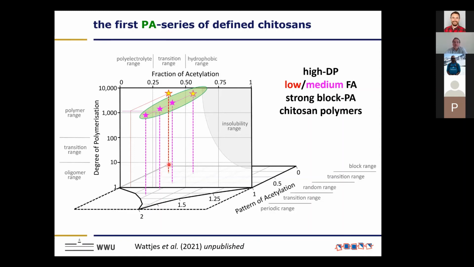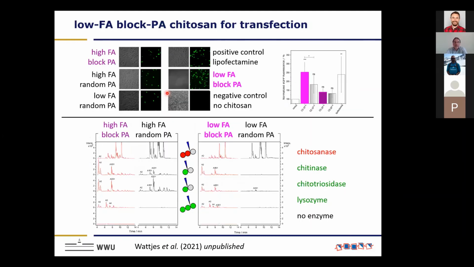So this one is a chitosan with a fraction of acetylation around 0.1. So only about 10% of the units carry an acetyl residue, but these few acetyl residues are distributed in a blockwise fashion. And I'm going to show this in one of my last slides, which gives more biomedical application of this chitosan.